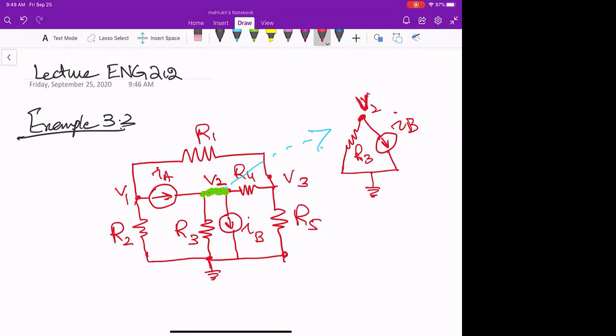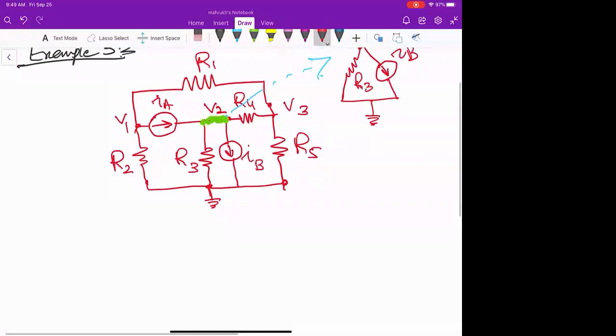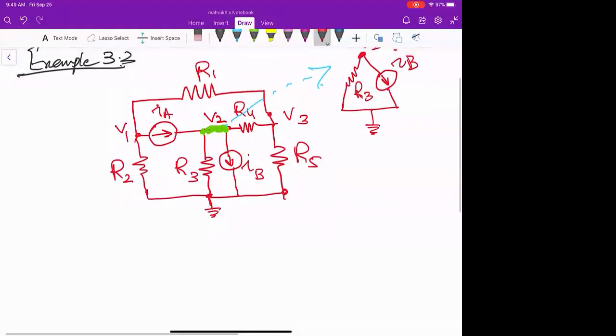So can we write the equations just by seeing the circuit? Or can we write the matrix just by seeing the circuit? Let's try. It's interesting actually.